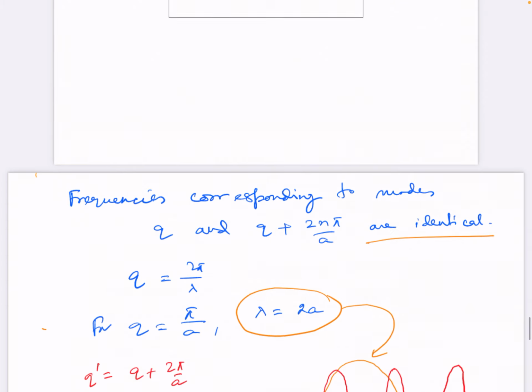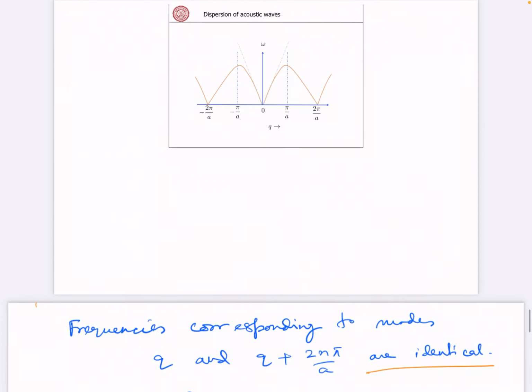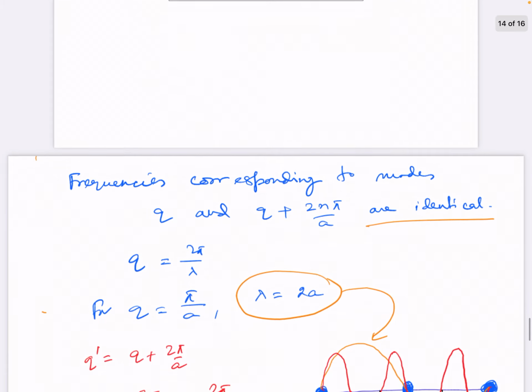That's what we see, that it is oscillatory. The frequency corresponding to any value of q, if q is shifted by another 2 pi by a, gives the same frequency. So that's an oscillatory function, and these are identical frequencies for those q values.